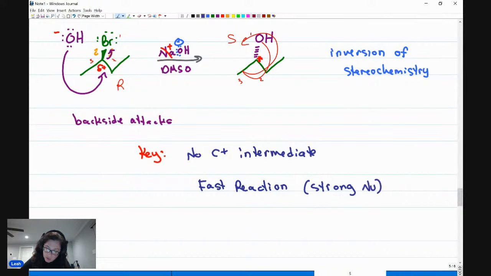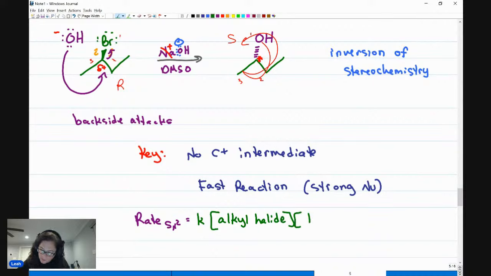Strong NU for nucleophile. In fact, the rate of an SN2 reaction is equal to some constant k, specific to each individual reaction, times the alkyl halide, meaning the carbon holding the leaving group, times the nucleophile.